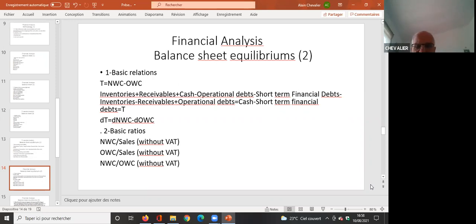So this is also a first presentation on the balance sheet equilibrium. That's what I was able to do here.